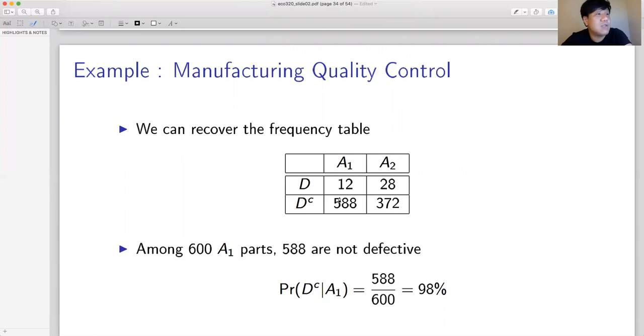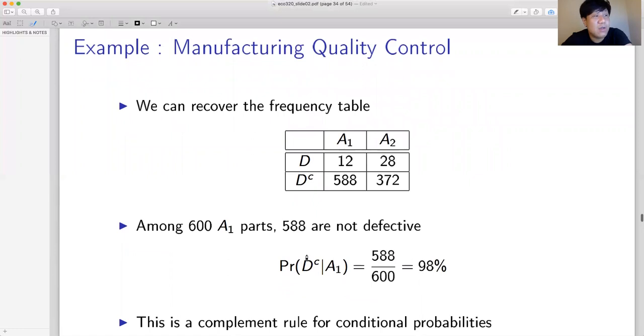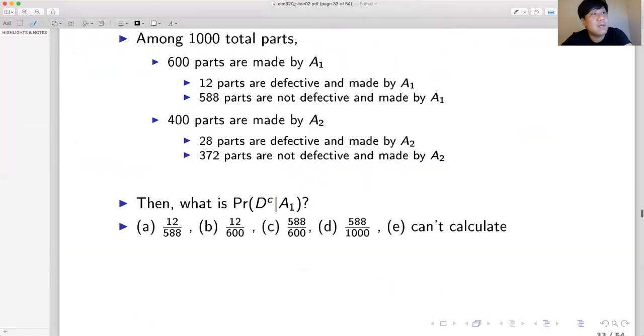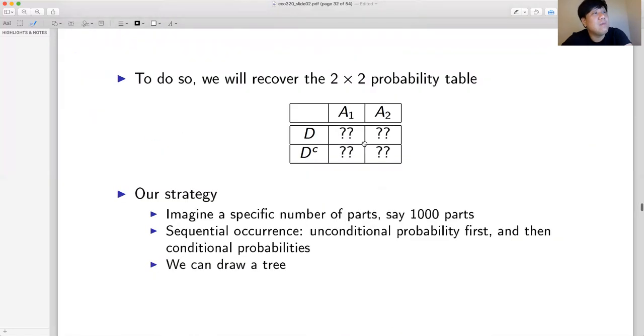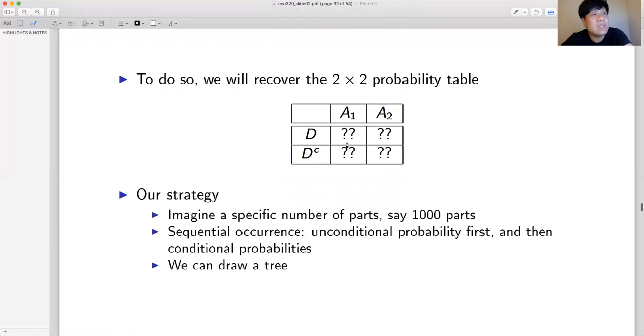That is actually how you get this 588, and this is a conditional probability, right? Conditional probability of this one given this is, based on our previous example, 58.8%, and the summation of this is 60%.